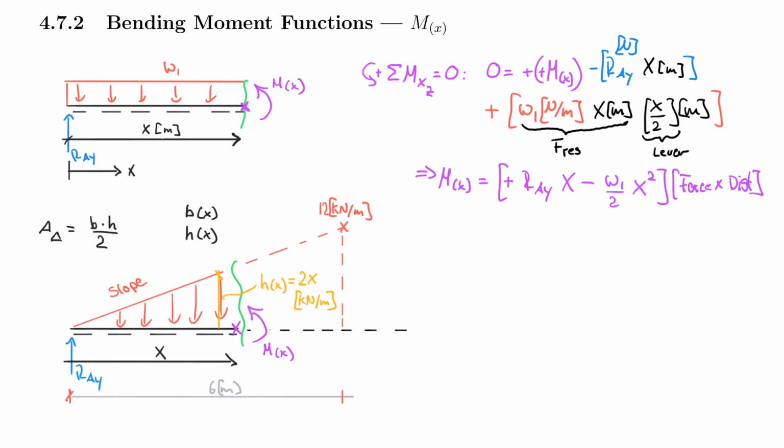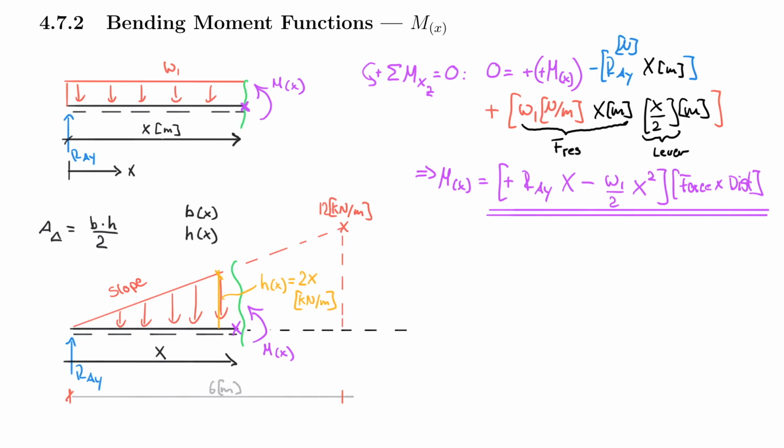But ultimately, it's always a force times a distance because we're dealing with a moment. This now is a result, and it's something I will double underline. And I say that again, you will see an x squared always for an evenly distributed force because you have a double effect in the x in this equation. So I believe that concludes our moment function for an evenly distributed case in terms of x.